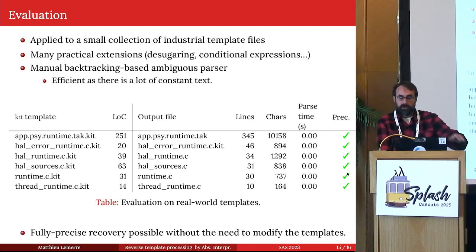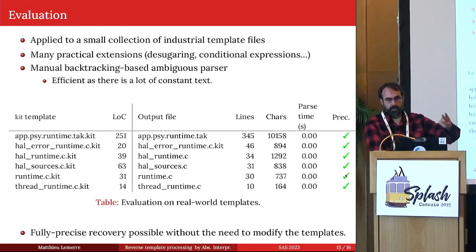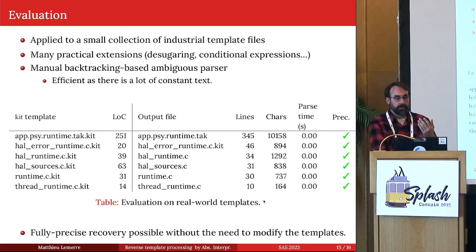And of course, for the other ones, we don't know. And we have some theorems that relate forward completeness to this notion of precision. So in the end, it means that it was possible to recover the database in each case, and we didn't even need to modify the templates. We were prepared to do that.